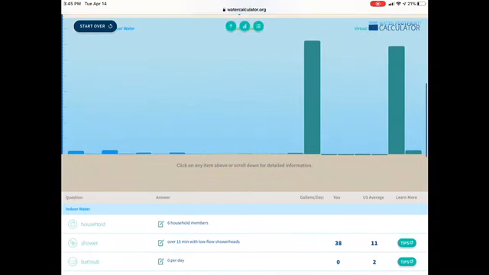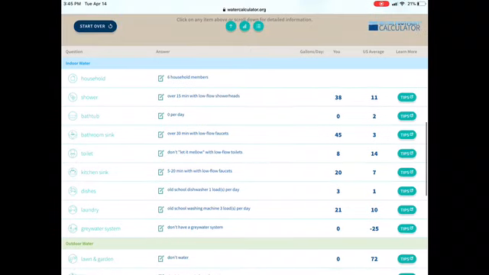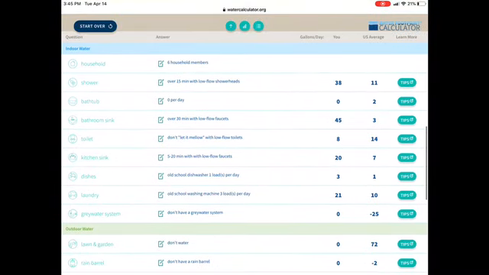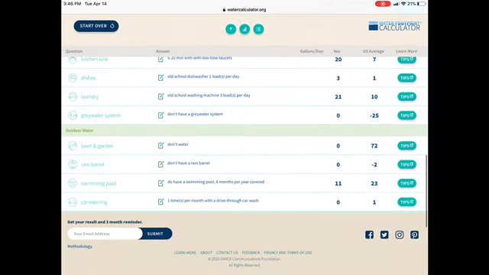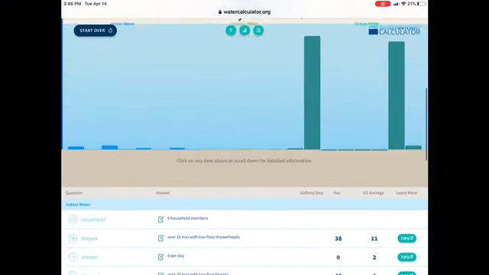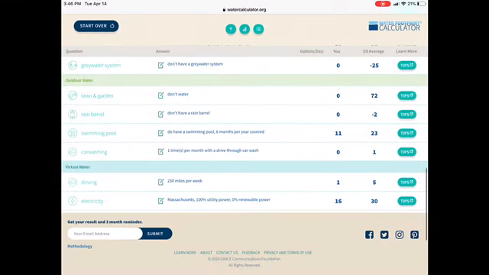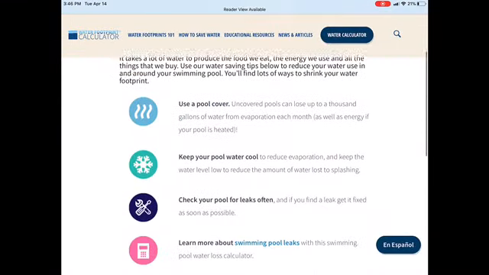Now what I want you to do when you're done is it'll give you tips for every single one. Because my outdoor is so heavy, I'm going to look at swimming pool. Now we have a pool. Let's see what our tip is. Swimming pool.